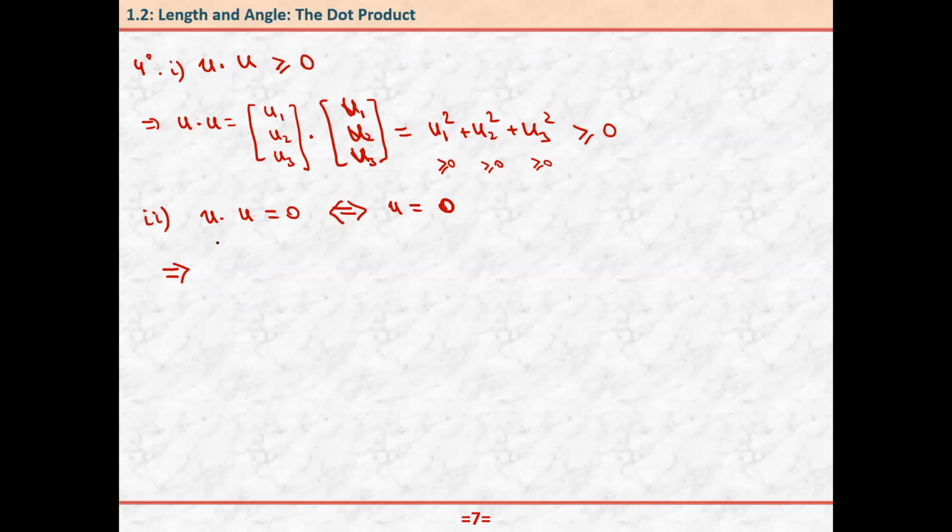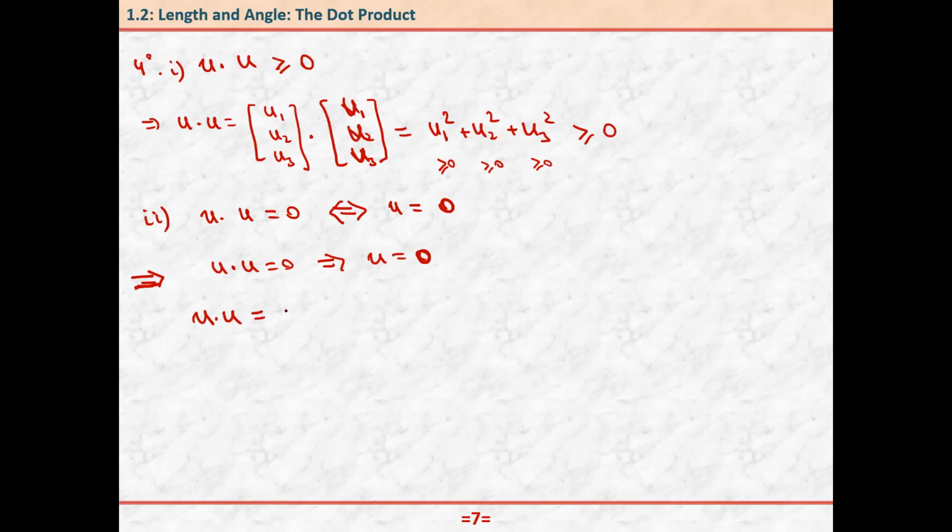We have to prove that if u dot u is equal to 0, then u is a zero vector. How do we show this? Okay, so we are proving this implication. So again, what is u dot u?